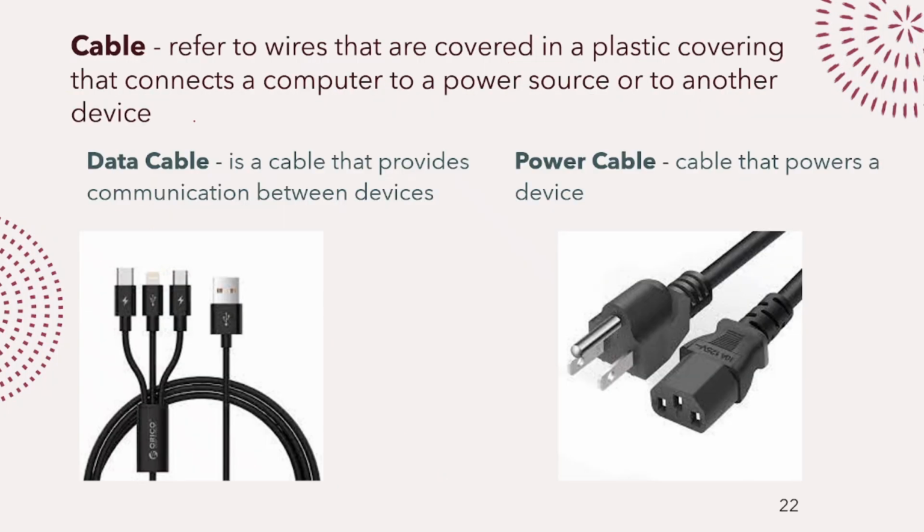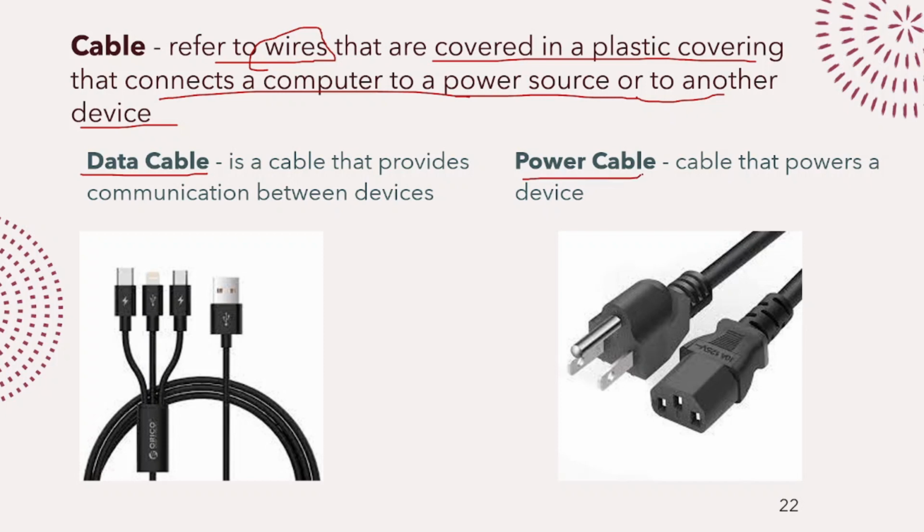So next is we have the cable. Cable refers to the wires covered in a plastic covering that connects the computer to a power source or another device. So we have two types of cable. We have the data cable and the power cable.